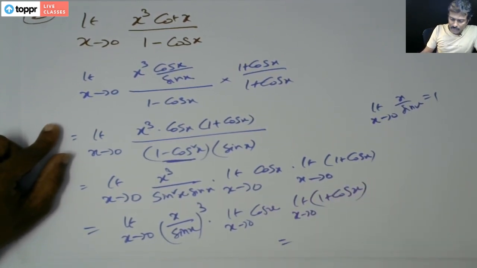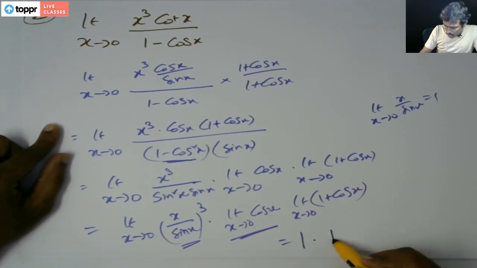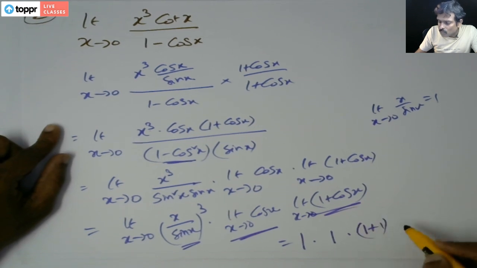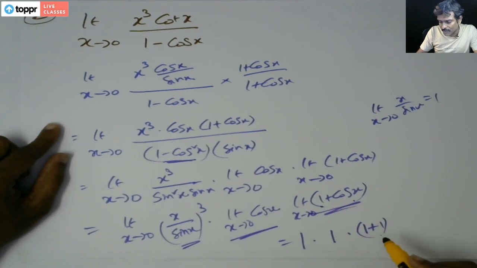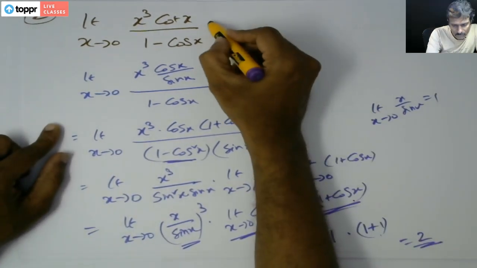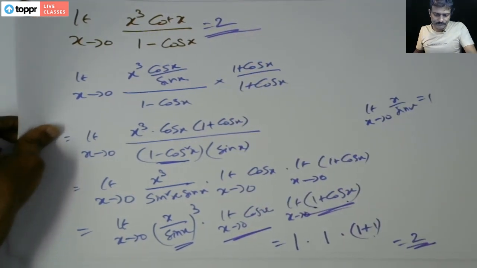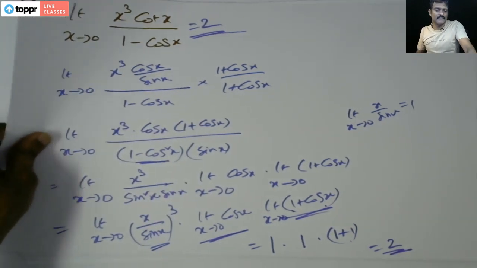So this value will be equal to, this is 1 times this is also 1 because cos 0 is 1, times this is 1 plus 1 because 1 is here and cos 0 is 1, so it is 2. So the limit of this is equal to 2, right? So this one we just use trigonometric identities.